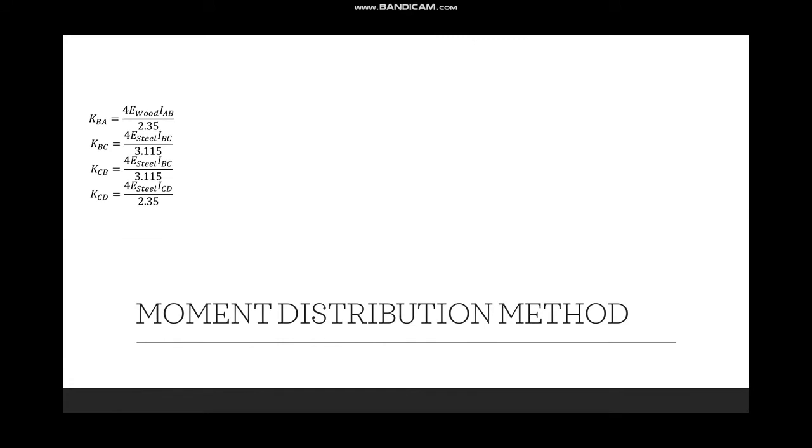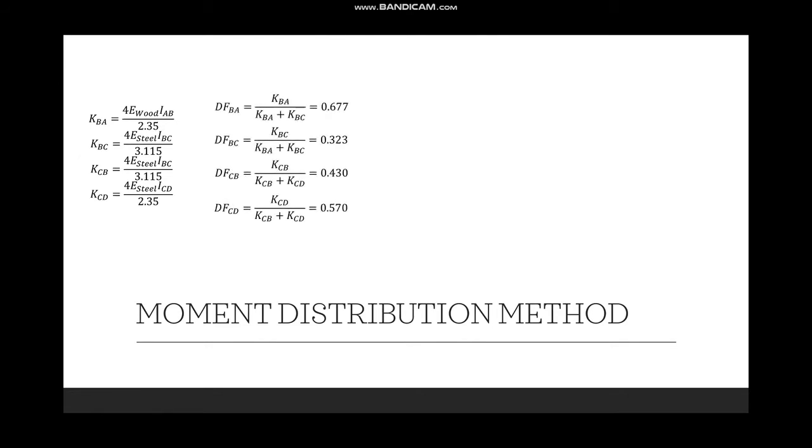So the first step is finding these K values. And these K values will allow us to relate how the different members are distributed using distribution factors. So using these K values that we have obtained, we can then input into these distribution factor formulas, coming up with these values.